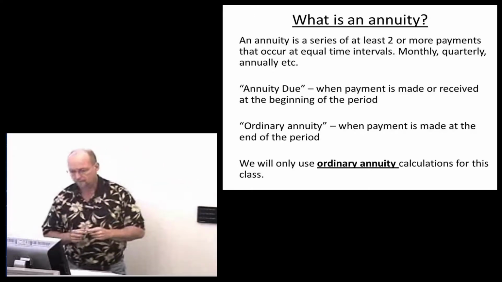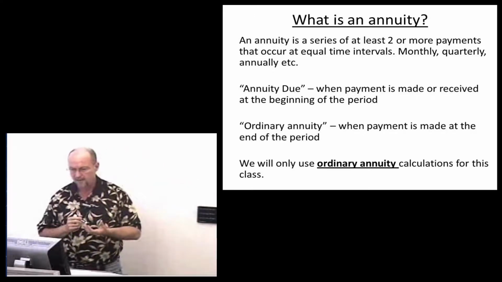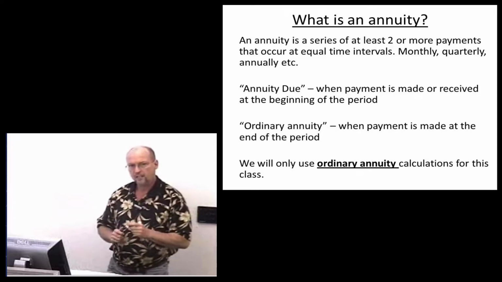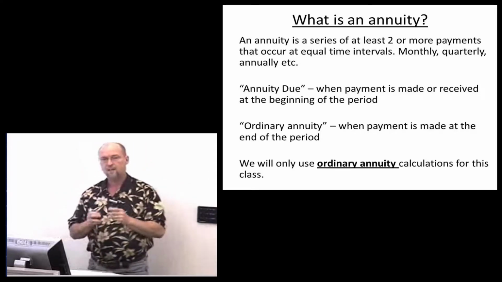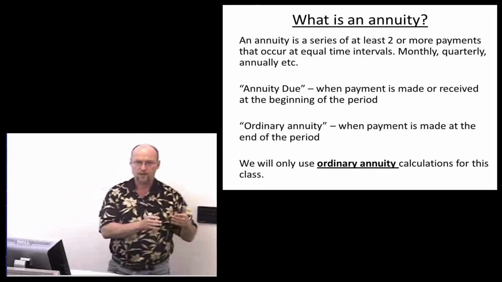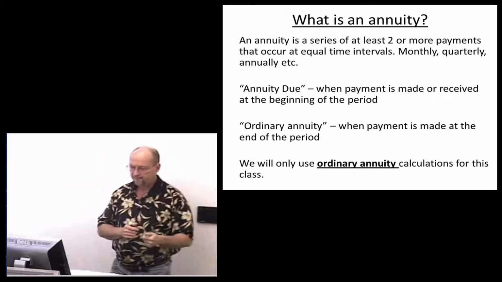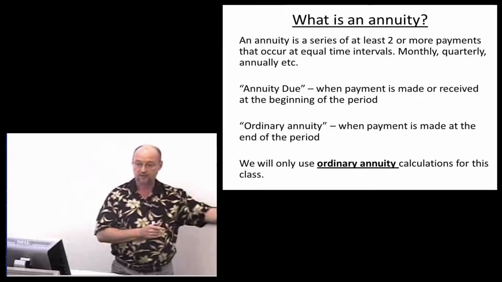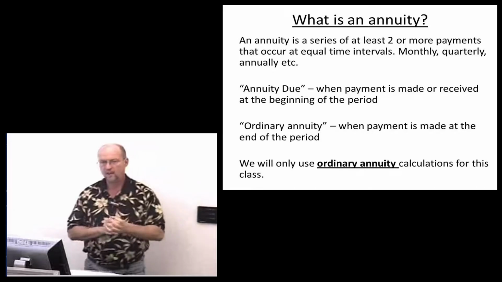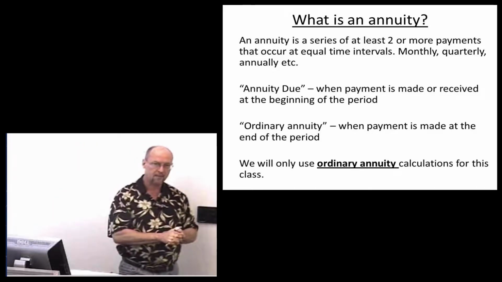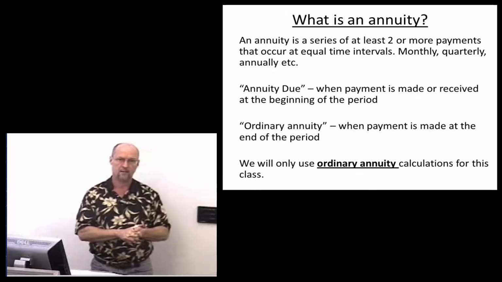Notice, if you make or receive a payment at the beginning of a time period, that's referred to as an annuity due, D-U-E. There's a present value annuity due table and a future value annuity due table. If the payment is going to be made or received at the end of a time period, like interest, then we call it an ordinary annuity. So you have a present value ordinary annuity table and a future value ordinary annuity table.